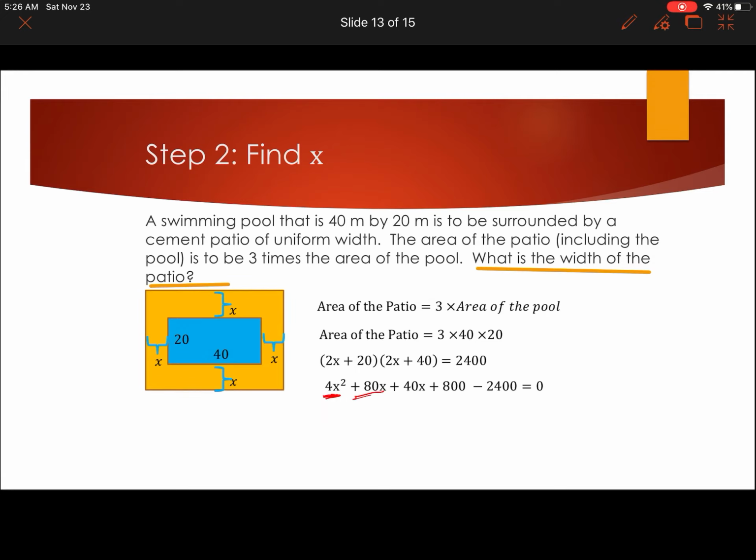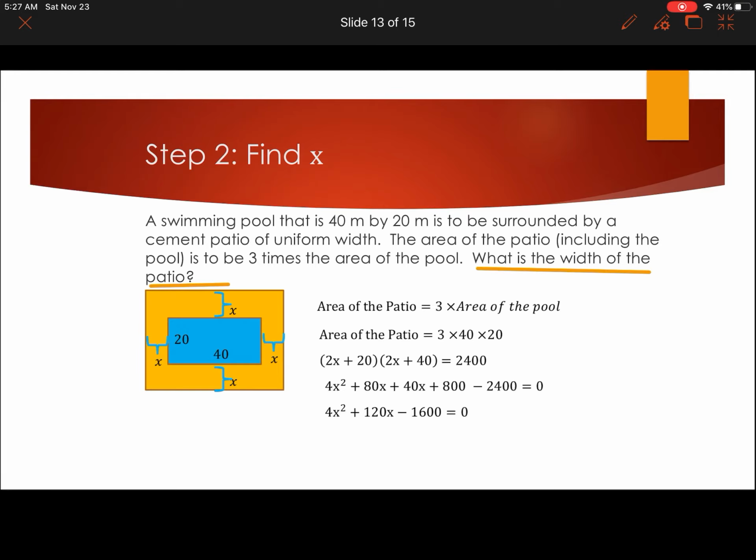Collect like terms. There's only one x squared term. There are two values with x, and then these ones also are like terms. 80 plus 40 is 120, so 120x. And 800 minus 2400 is negative 1600.